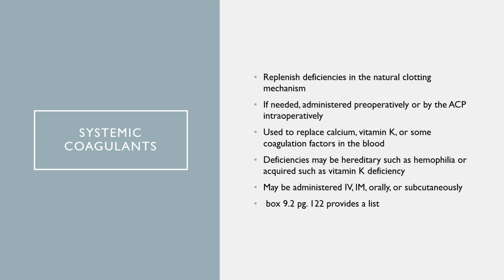Deficiencies may be hereditary, such as hemophilia, or they can be acquired, like a vitamin K deficiency. These systemics can be administered IV, IM, orally, or subcutaneously. And there is a box 9.2 on page 122 that provides a complete list of these as well.